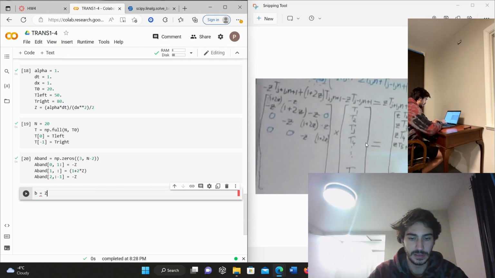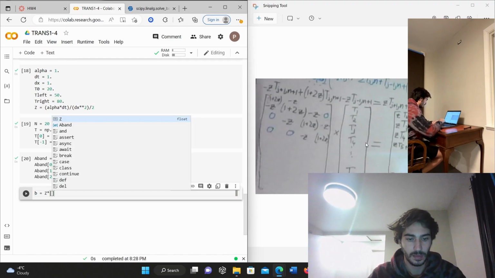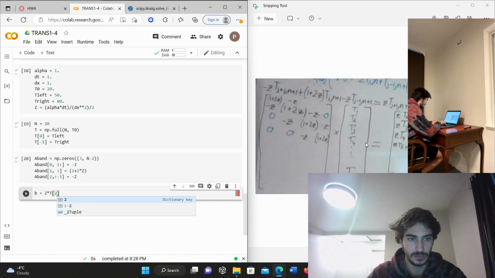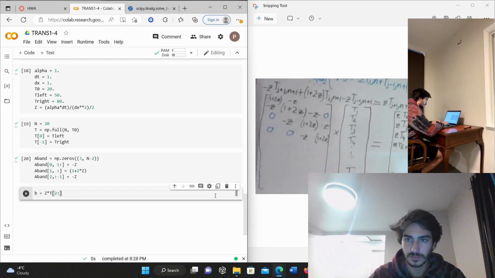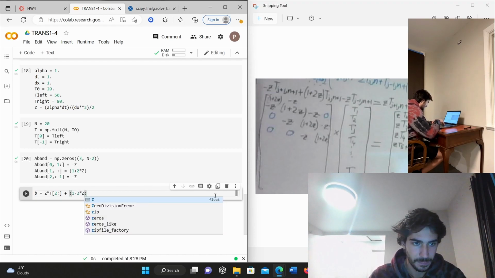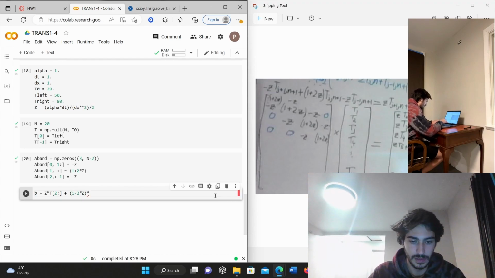So z times temperature. We want this to be from 2. It should be 2 all the way through, right? We want 1 minus 2 times z, and then multiply that by temperature.